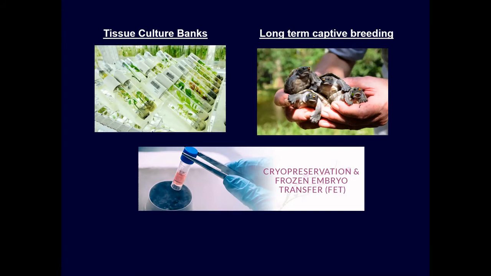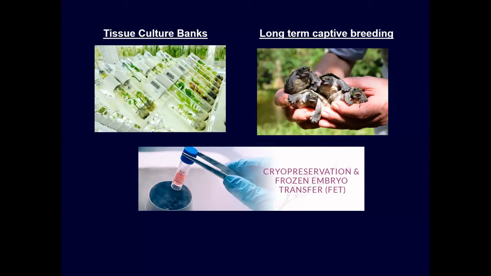Long-term captive breeding is the process of maintaining either plants or animals in controlled environments. They will bring the plants or animals and give them a place to survive, and these species can be saved from extinction.